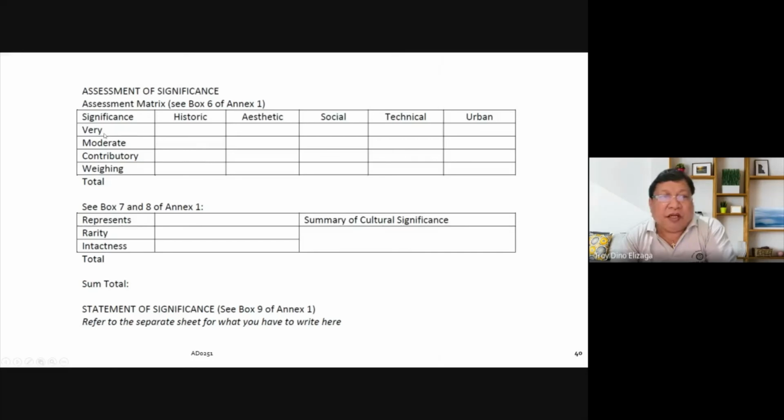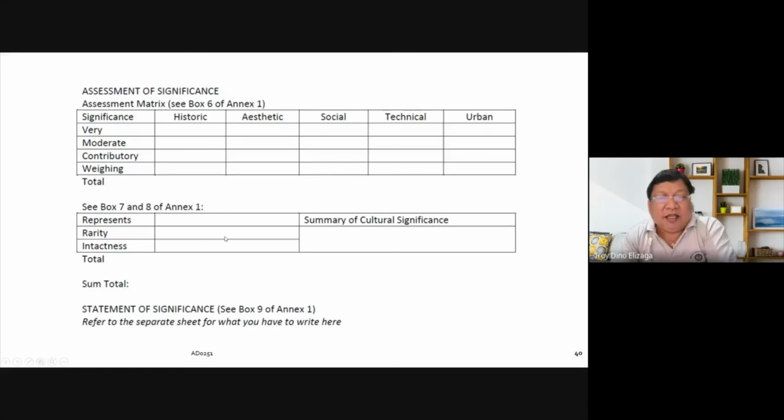If it's very significant, we put the score here. It's moderately, actually, I think here we only put one or two numbers, and then we total, and then we also score for representation, whether it's rare or intact.